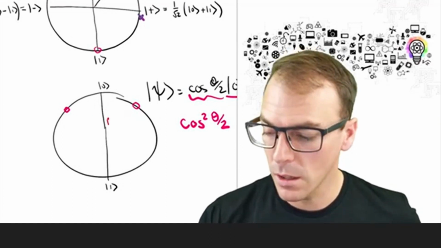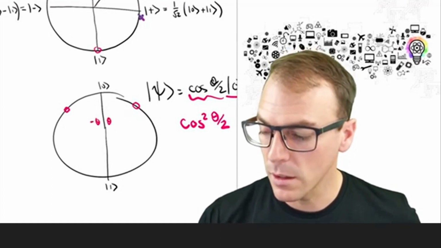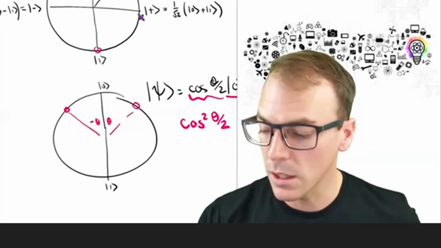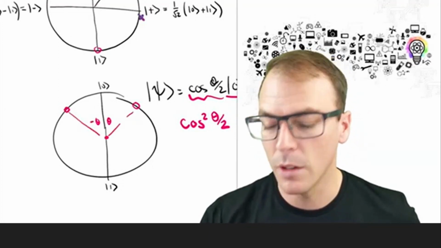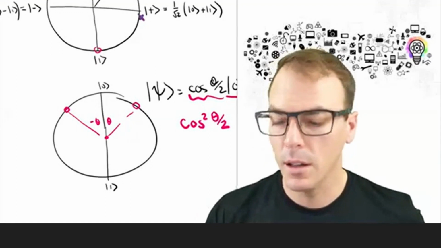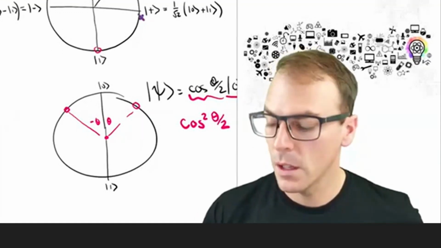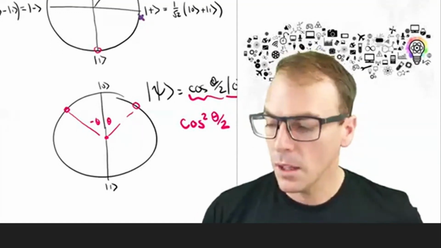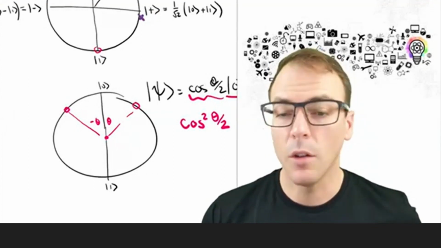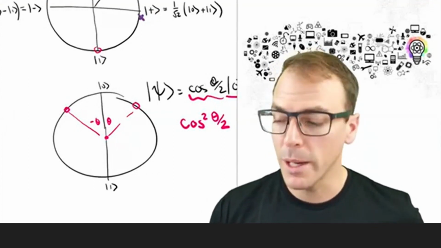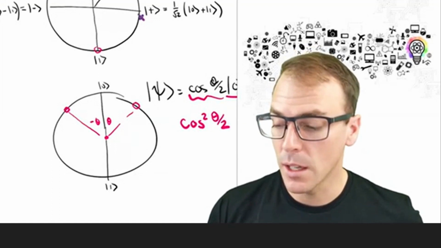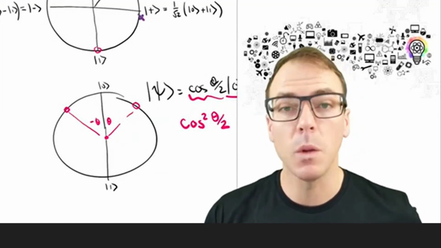So I don't know whether it's theta or minus theta, because those give the same value of cosine squared theta over 2. So it seems like I can't actually solve this problem. I want to read the quantum information, but I can't do it because I can't distinguish between these 2 states.